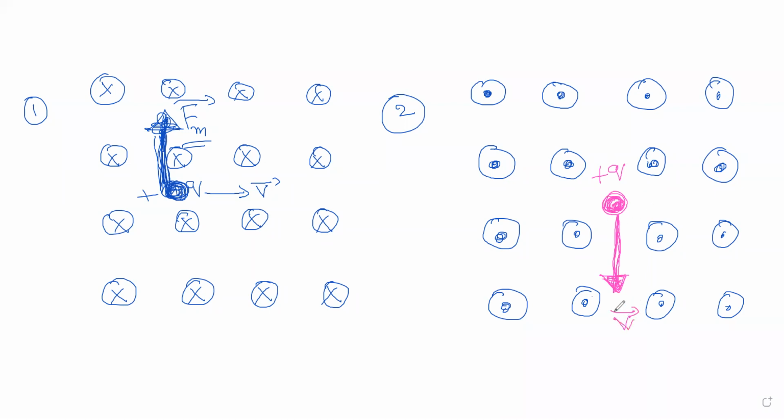Now, can you tell me the direction of the magnetic force? First, put your fingers in the direction of the magnetic field. You have to point them out, not inside, because the direction of the magnetic field is outside, away from the screen, and the charge is moving down.